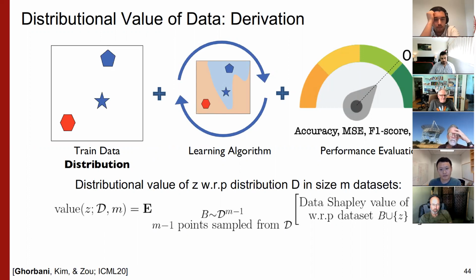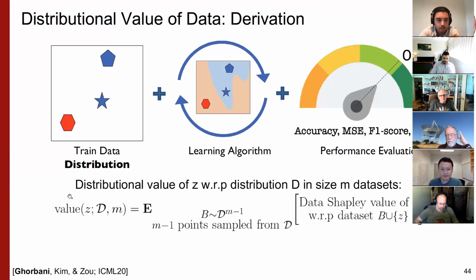It's a very interesting definition. It's the expectation of the data Shapley value of Z in the context of random data sets. If I sample M-1 points IID from D and add Z to that to have my own random data set, that would be a random variable. And the expected value of that random variable would be the distributional Shapley value.